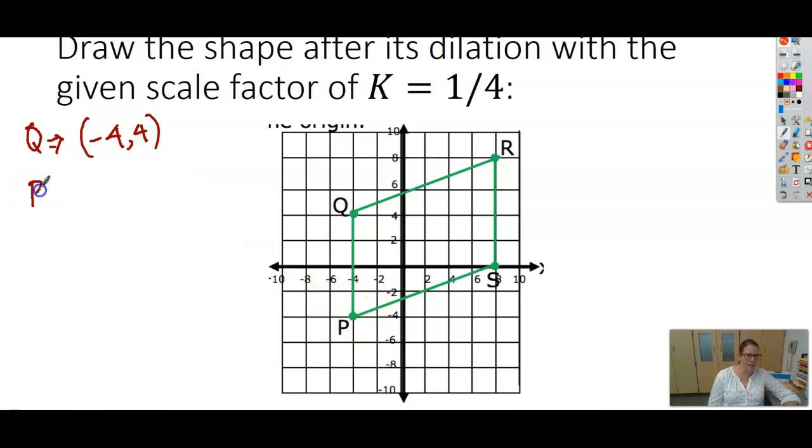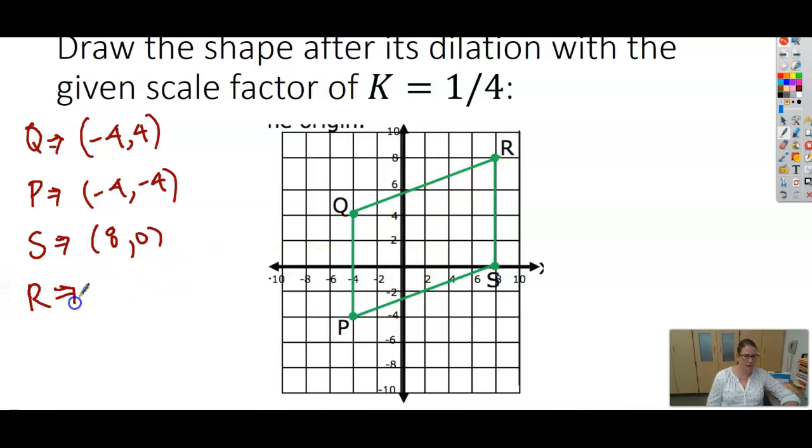For P, my coordinates are -4, -4. For S, my coordinates are 8, 0. And for R, my coordinates are 8, 8.